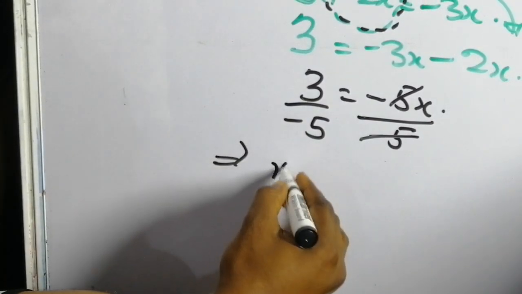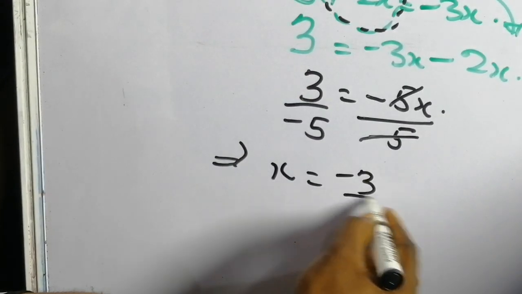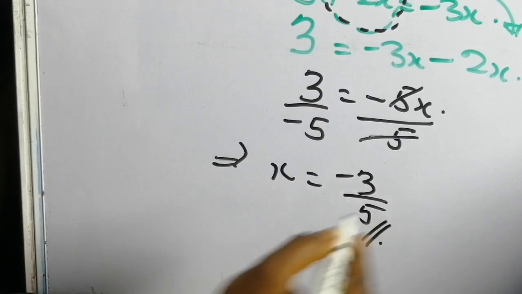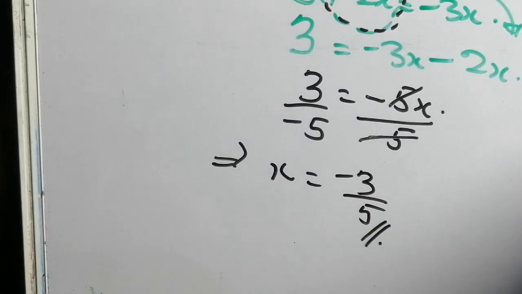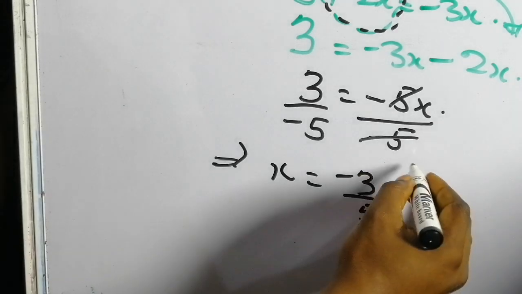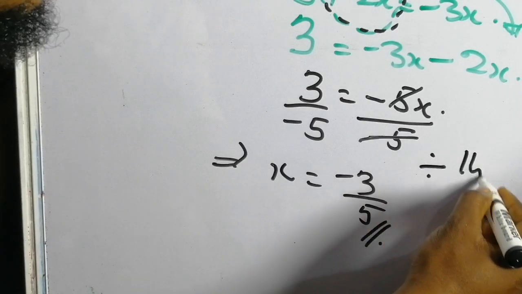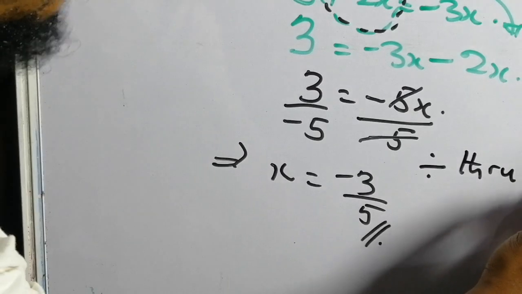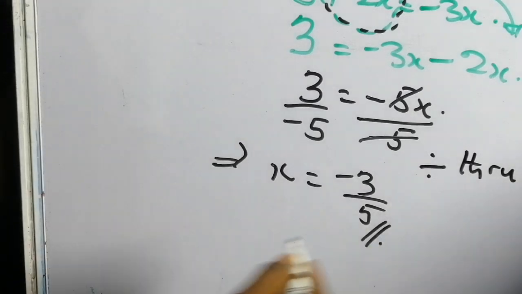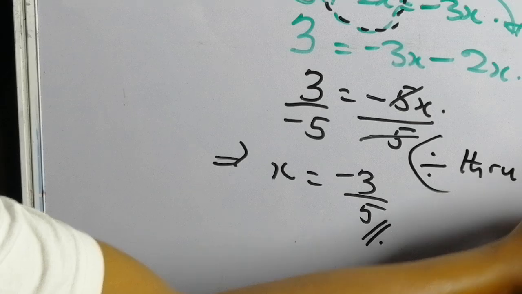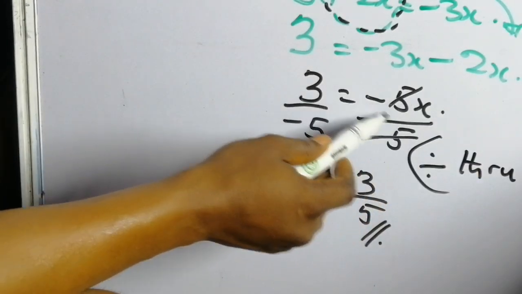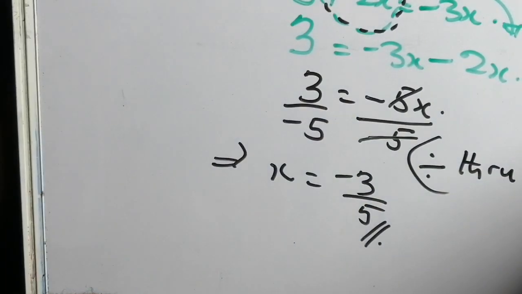Then it means that my x equals minus 3 over 5. It's as simple as that. So you can see how simple it is now. What I did here is divide through by minus 5 so that I can get my value of x. It's as simple as that.